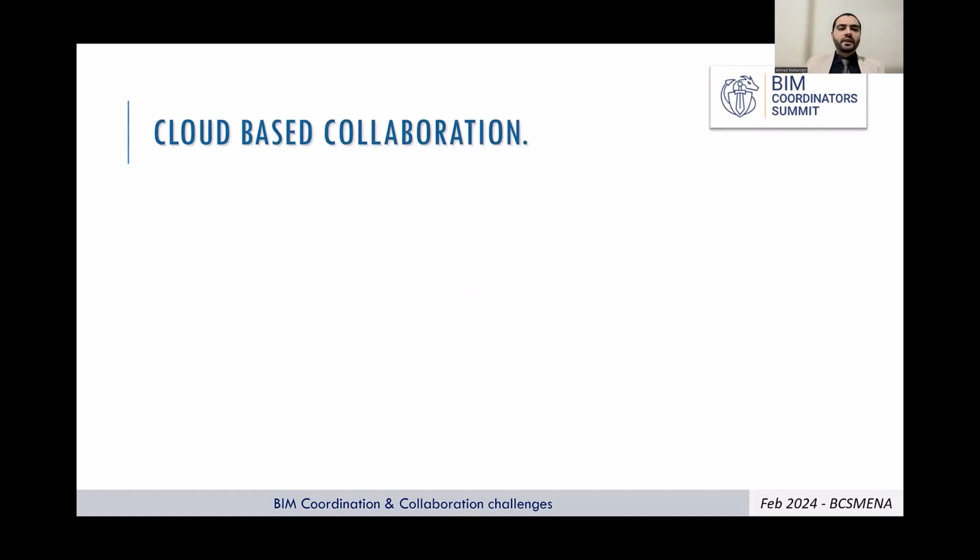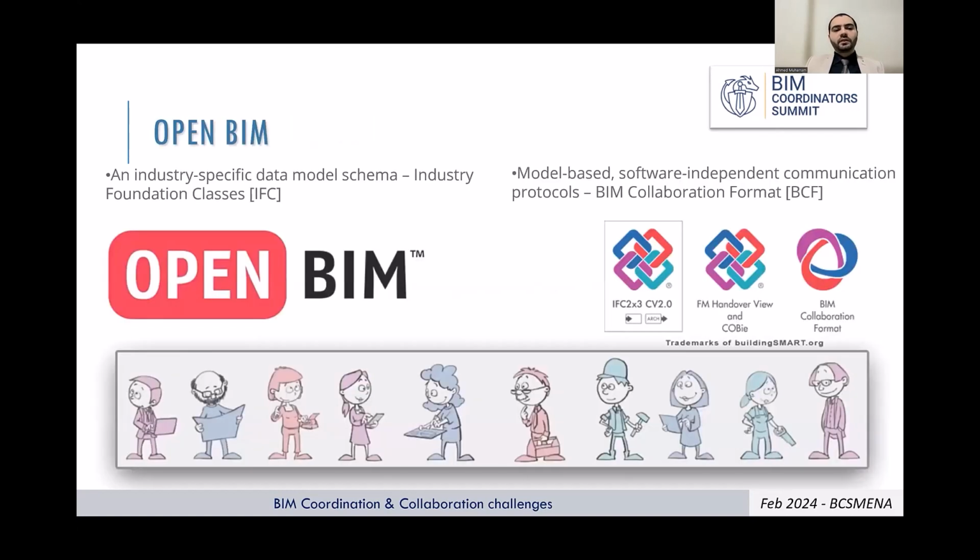These two formats are very important, and you can use them to integrate models coming from any software, especially from the suppliers or the subcontractors for specific work in the project, such as the facade, the steel structures, or any part of the subcontractor's scope, which is not common in the famous BIM software.